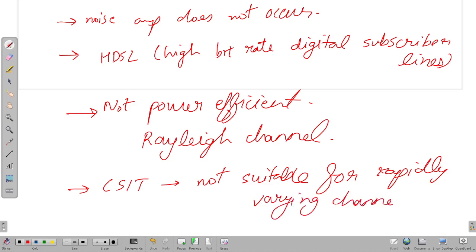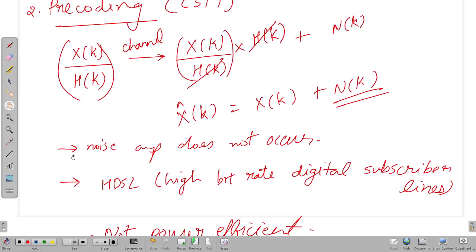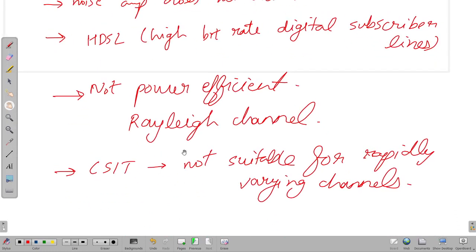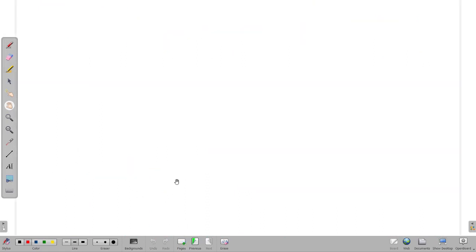This method is not suitable for rapidly varying channels. Okay, so that is about the pre-coding technique. There is one more technique we just mentioned in the textbook, that is adaptive loading.